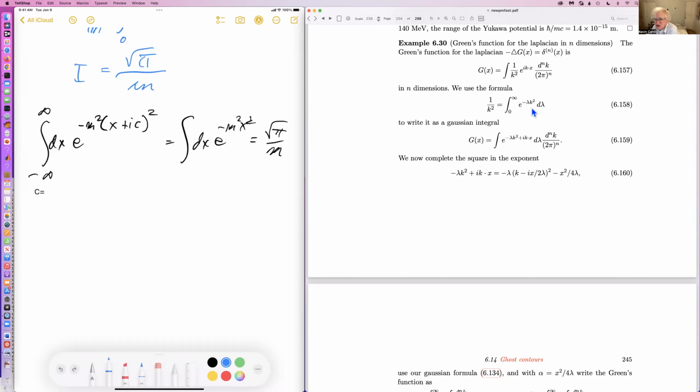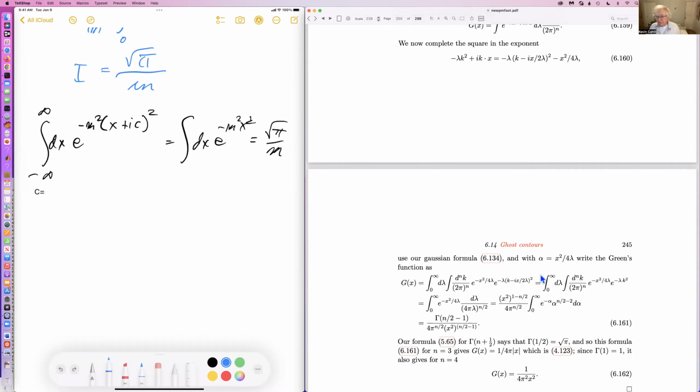But now 1 over k squared we can write this way, and once again, to make progress, we have to first make things more complicated. And then we complete the square in the exponent. So we write minus lambda k squared plus i k dot x. We write that as a complete square and then cancel the error term.